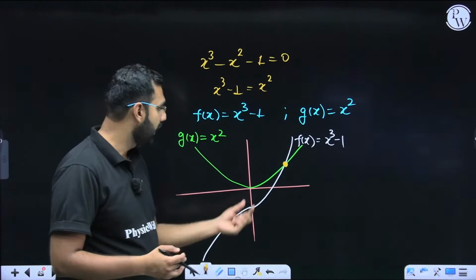I repeat, for odd degree polynomials, there is always at least one real root. But I was supposed to answer this, so I'll say there will be one real and exactly two imaginary roots. And of course, imaginary roots come in pairs. They are conjugates of each other.